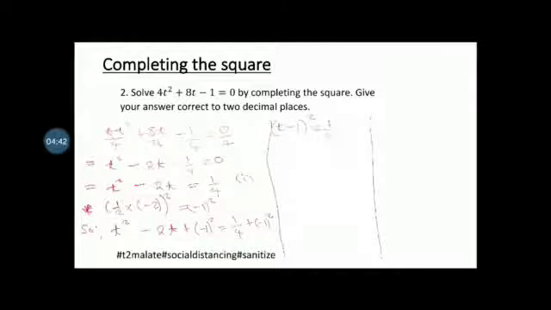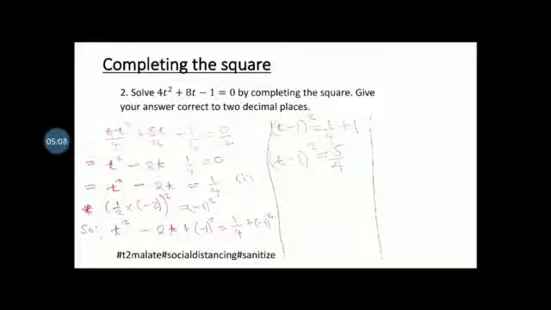When I square 1, I'm going to have a positive 1. So simplifying this will give us 5 over 4.